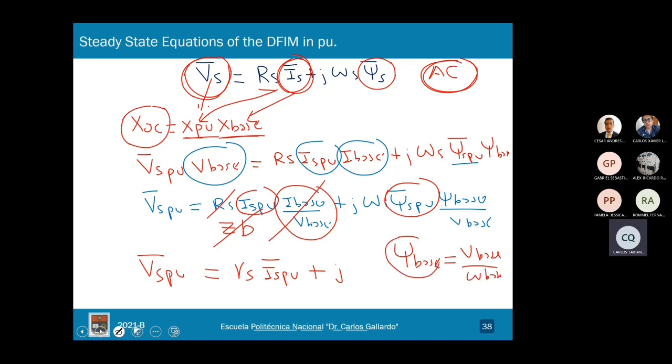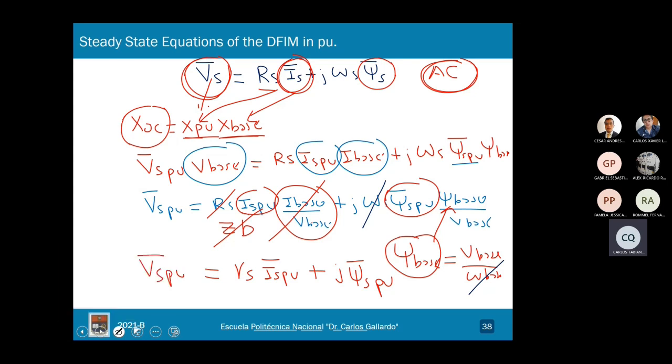Substituting this into this, I will simplify the speed. So plus j times the stator flux in per unit value, and the speed cancels off with this speed, so I get the per unit value. This is for the stator.